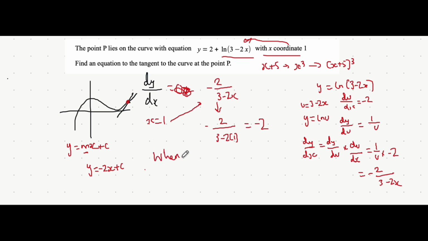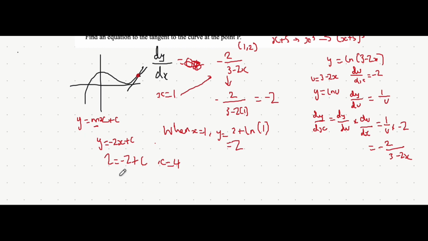When x is equal to 1, the curve y is equal to 2 plus ln of 3 minus 2 times 1, which is 2, so ln of 1. ln of 1 is actually just equal to 0, and 2 plus 0 is 2, meaning that the point P is actually just (1, 2). If you replace x with 1 and y with 2, you get 2 is equal to minus 2 plus c. Add 2 to both sides, so c is equal to 4. Finally, you can say that the equation of the tangent is therefore y equals minus 2x plus 4.